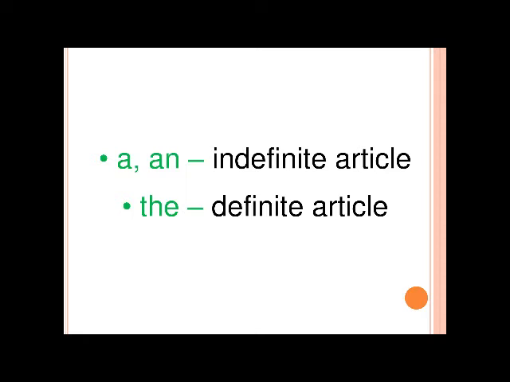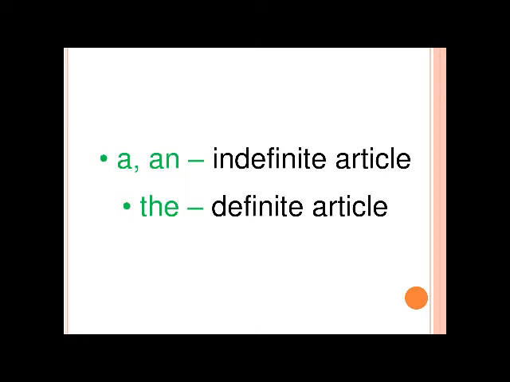Then we will use a or an. Suppose I say, please give me a pen. Now, I have not told you which pen I want. It could be either ball pen or gel pen, blue pen or black pen, any kind of pen.